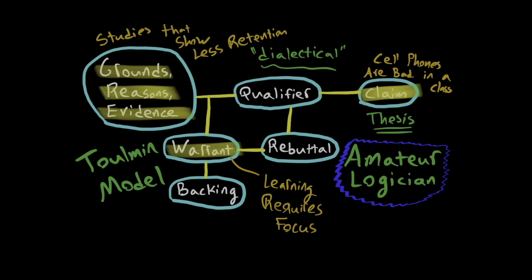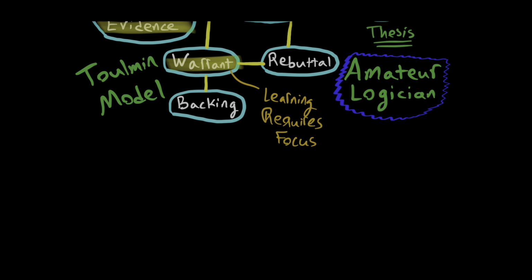So warrants are arguments, and there are different types or structures of arguments. We can think of them as strategies, showing a causal connection, a link between two different things, a cause and effect relation. So causality is an important type of warrant.